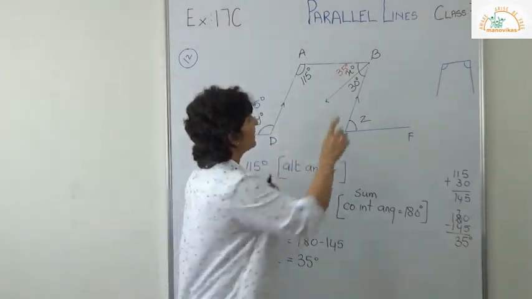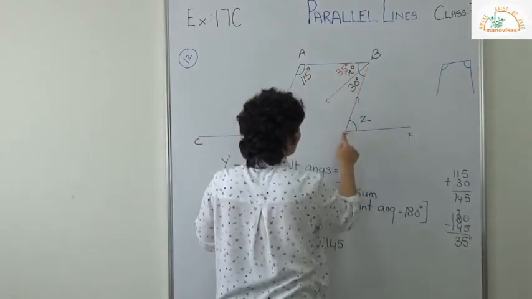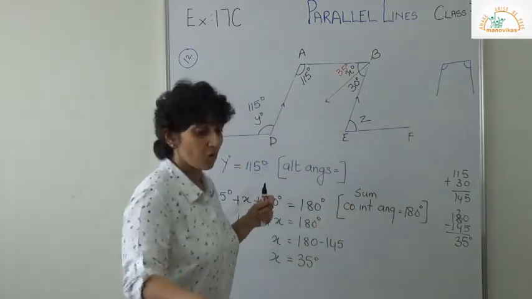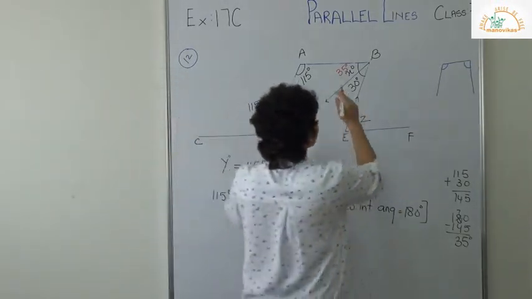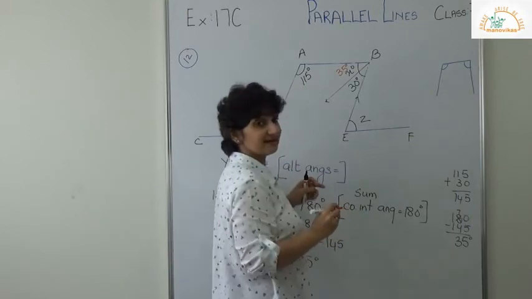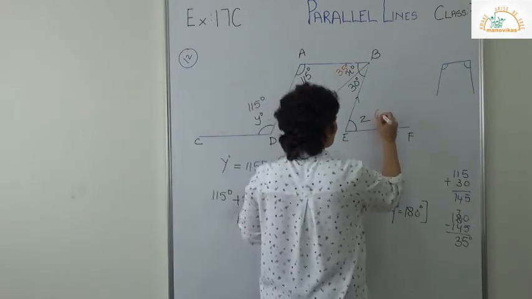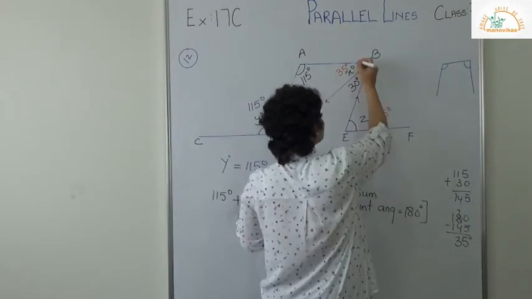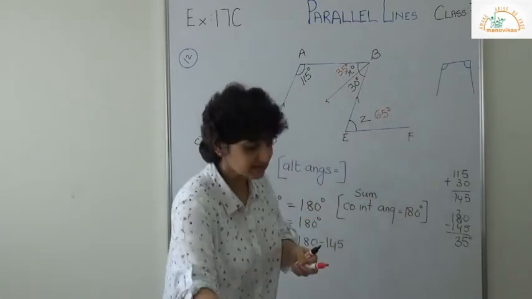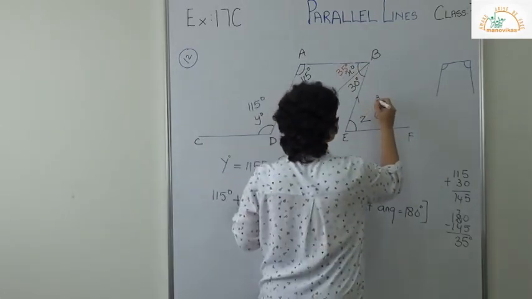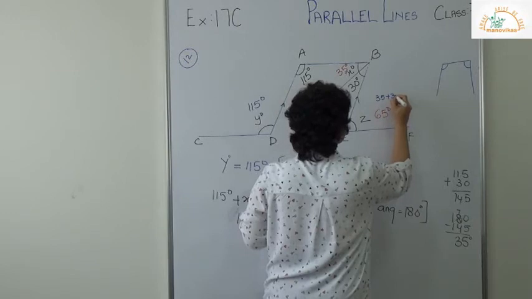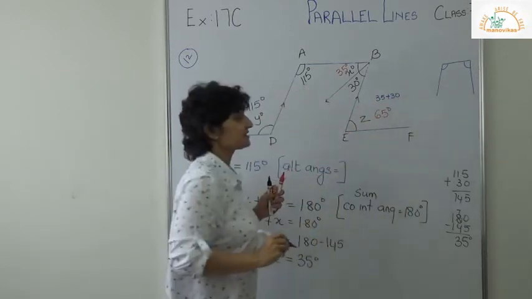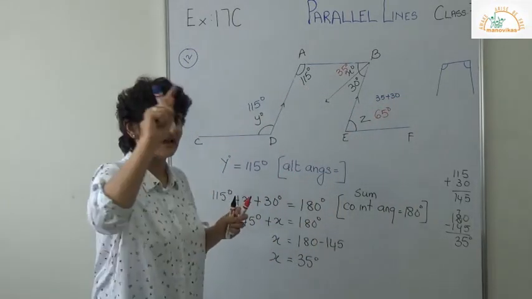So now you know, again, this is your Z shape. So what is Z going to be? Your Z is an alternate angle. So this will be 65 degrees. Add both, that is 35 plus 30 will give me 65 degrees at Z shape.